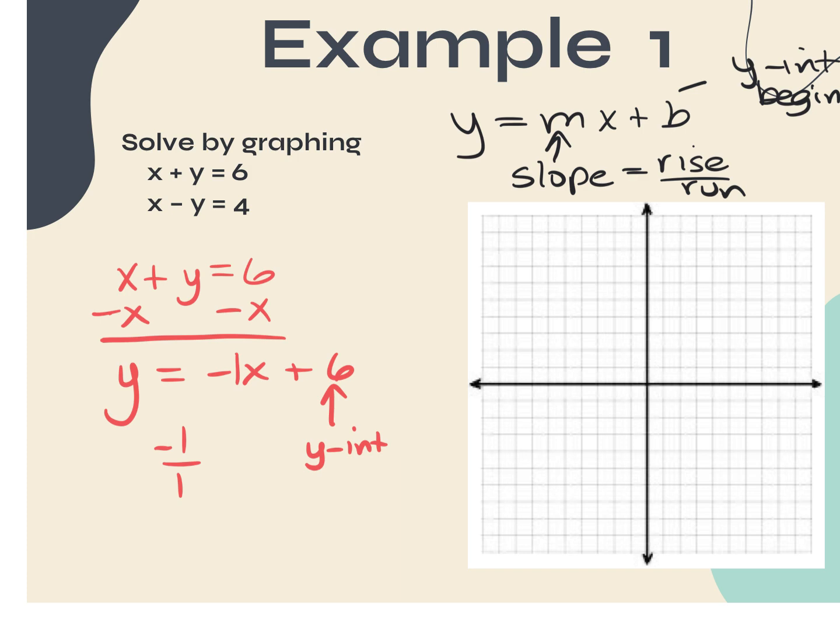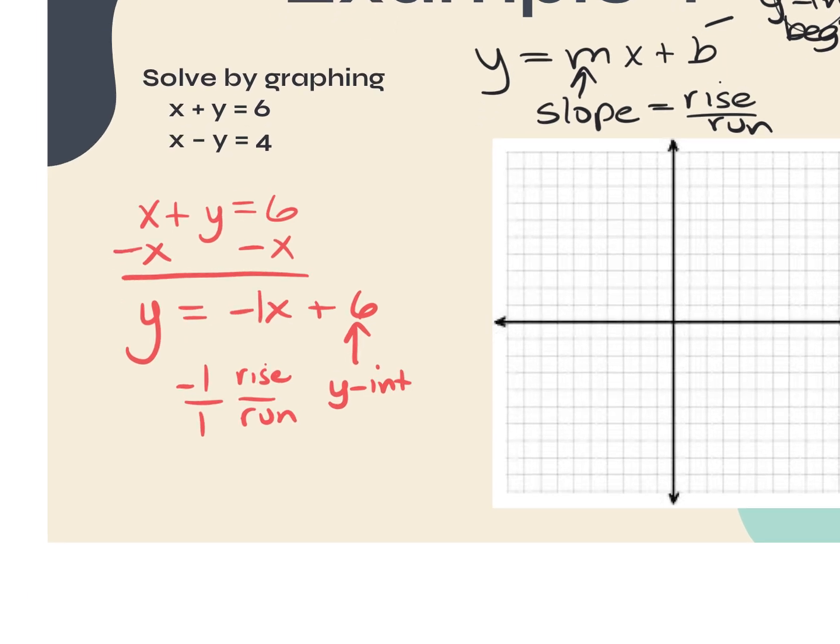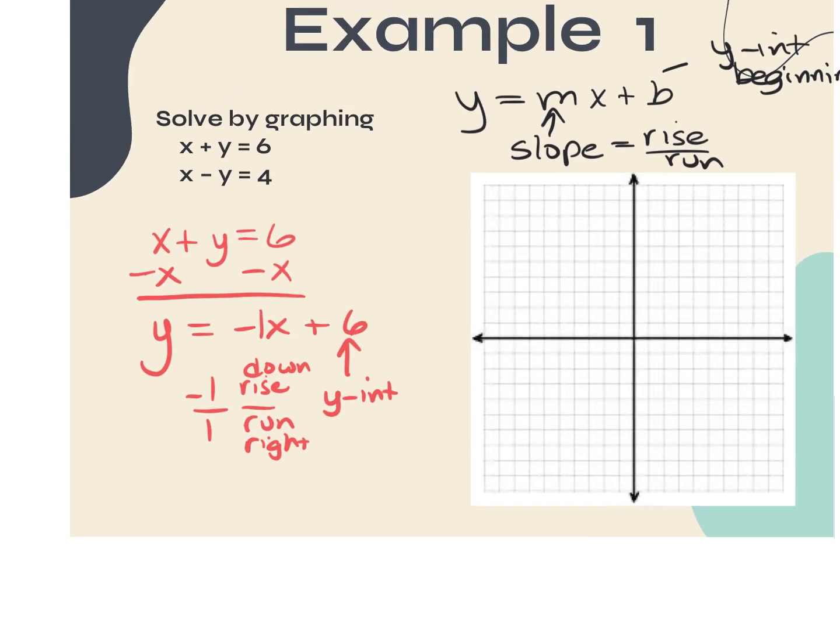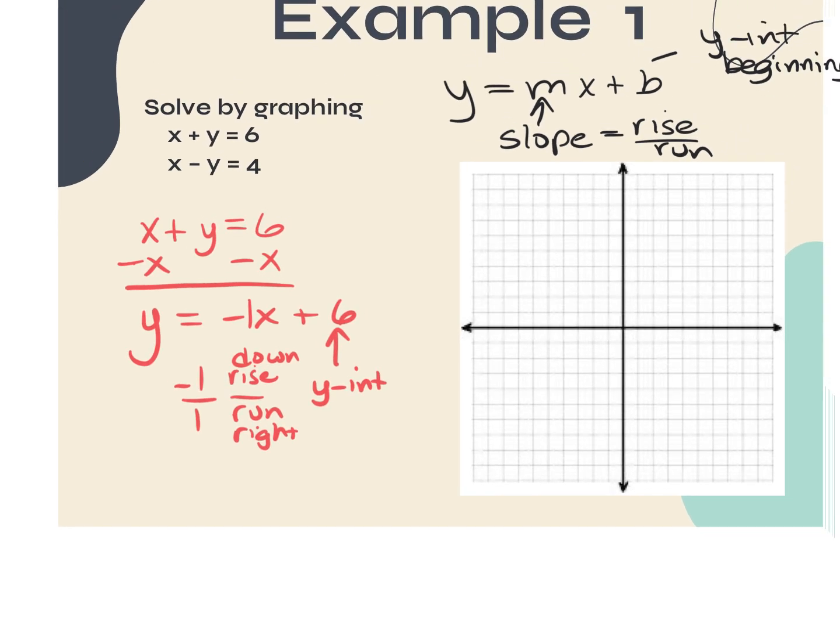So I'm going to rise and run. For my rise, because it's negative, I'm going to go down. For my run, I'm always going to go to the right. Now, you could go up and left. One of the movements needs to be negative. So let me go ahead and place my first point on the y-axis at positive 6.